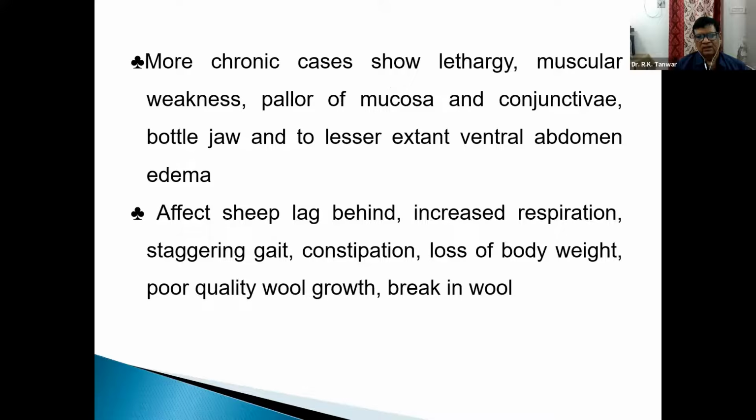And we also see chronic cases where there is muscular weakness, but here the bottle jaw is very characteristic. If any animal has a bottle jaw, you can suspect worm infestation. These are some characteristic signs: the affected sheep lag behind, increased respiration, staggering gait, constipation, loss of body weight, poor quality wool growth.